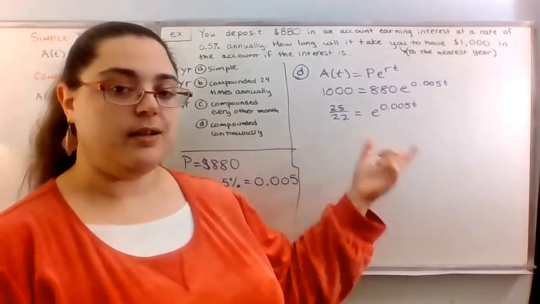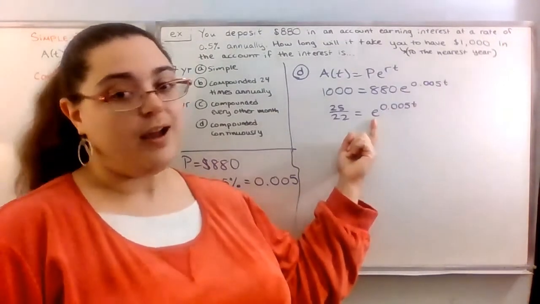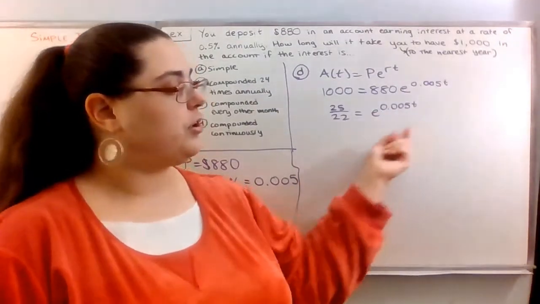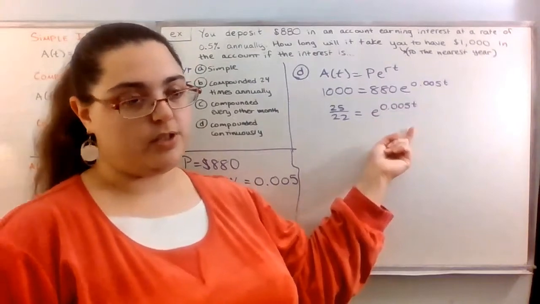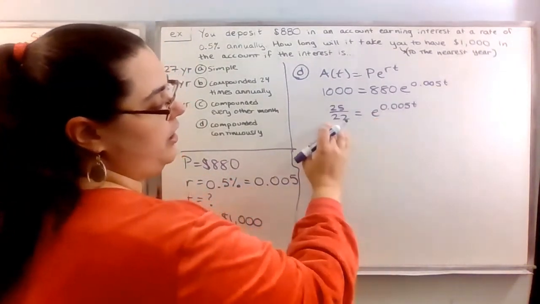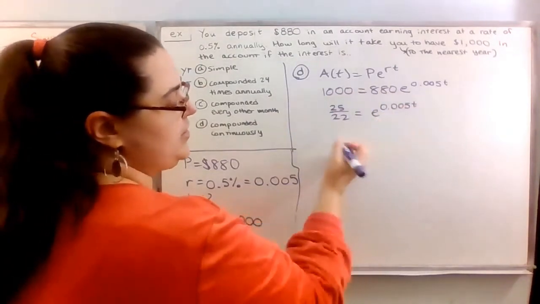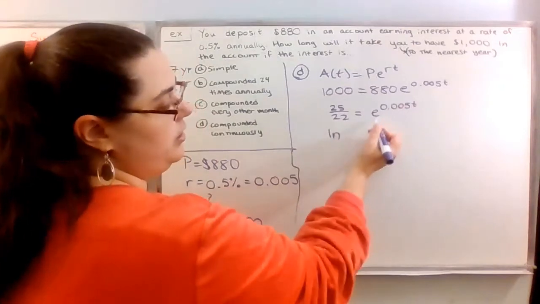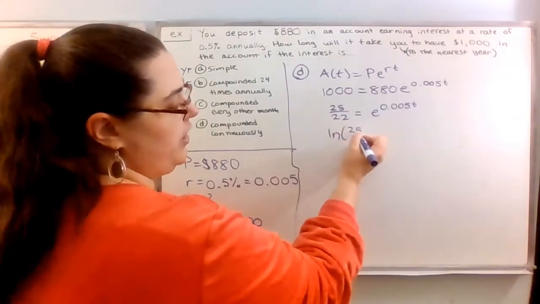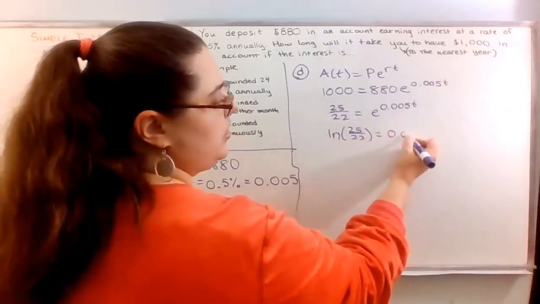But because e is the base of the natural log, I'm just going to write this exponential equation as a logarithmic equation. Remember, log base e of this value is equal to the exponent. So log base e, the natural log, of 25 over 22 is equal to our exponent.